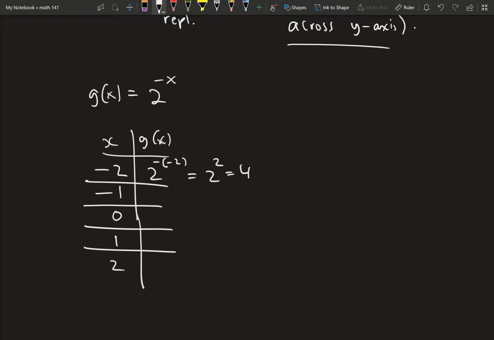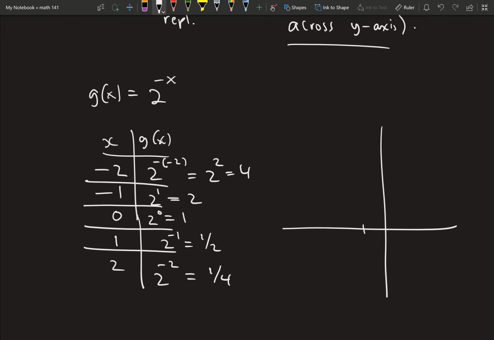Here we'll get 2 to the minus minus 1, which is 2 to the positive 1, or 2. 2 to the 0 is 1. Here we have 2 to the minus 1, so we have a half. Here we have 2 to the minus 2, which is a fourth. So what we end up with is the following.